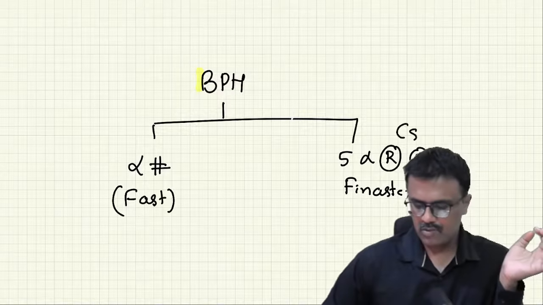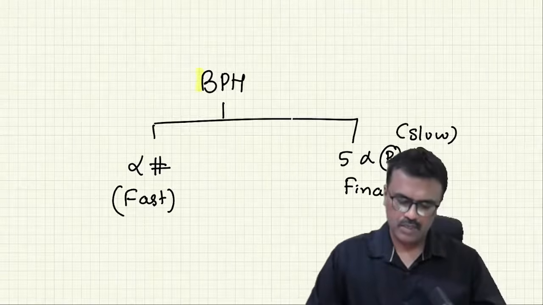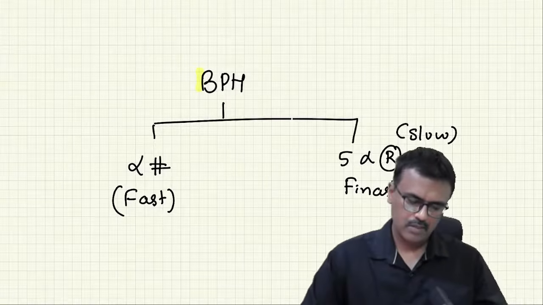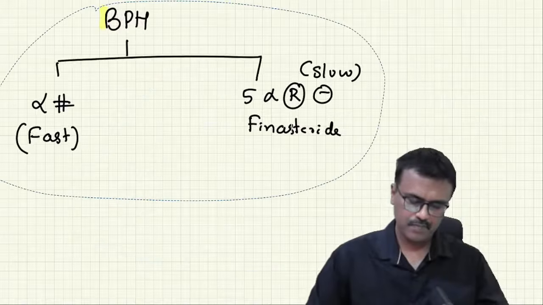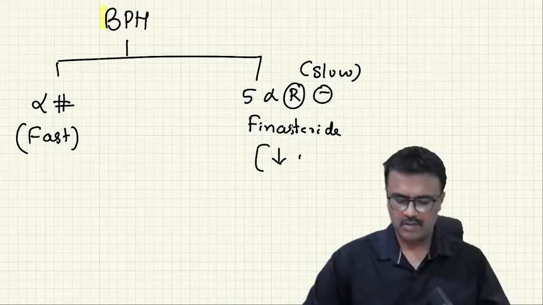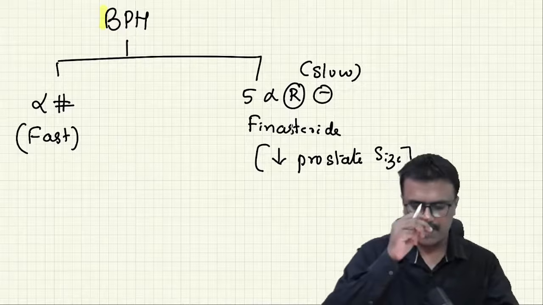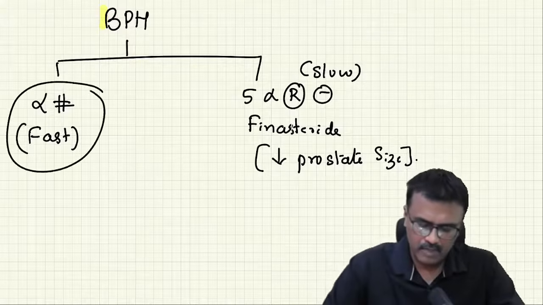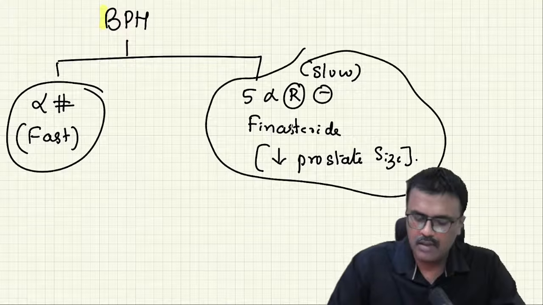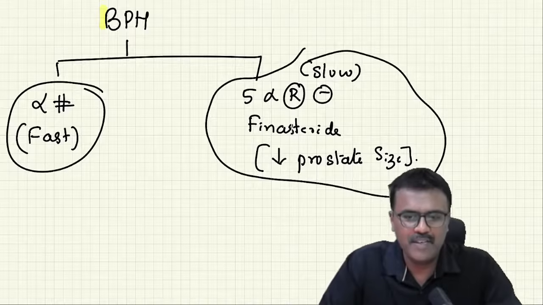Now these are slow acting drugs. Finasteride, if I use it for 6 months, it reduces prostate size. So it doesn't work immediately. It takes time and reduces the prostate size. So the fast acting are alpha blockers, the slow acting is finasteride. But the best thing for BPH is surgery. But nobody will approve surgery immediately, so I have to give the drugs for that.